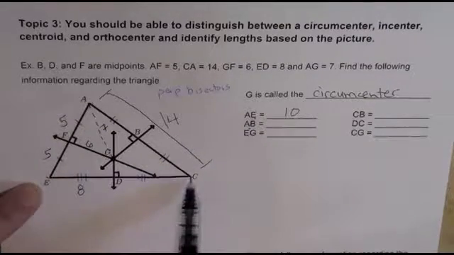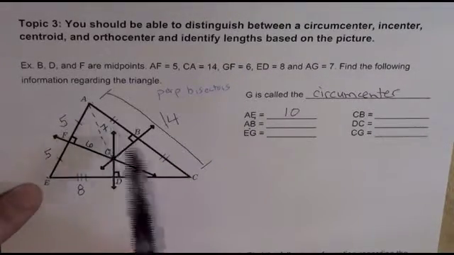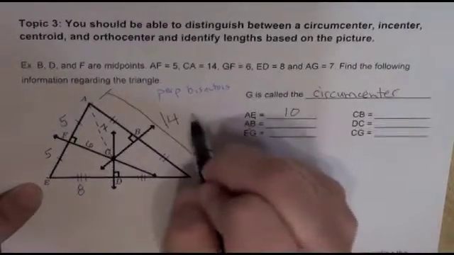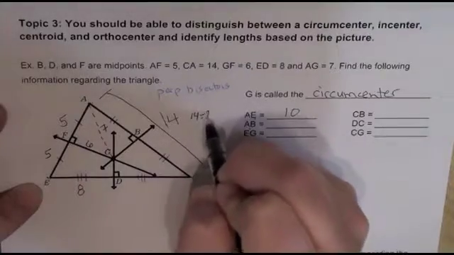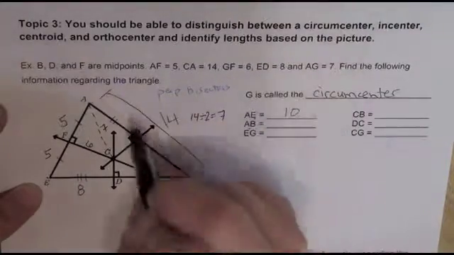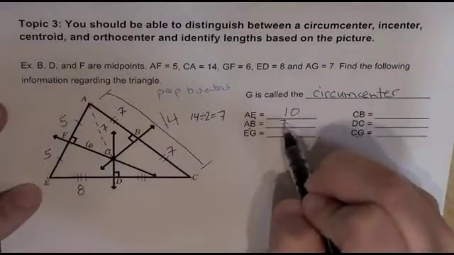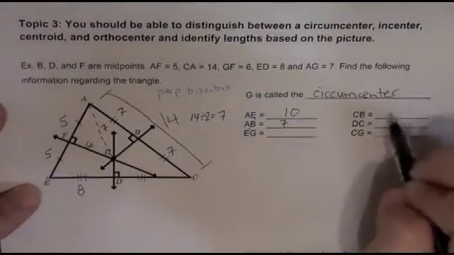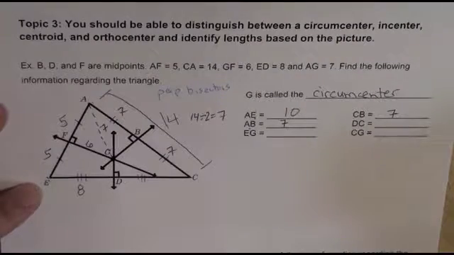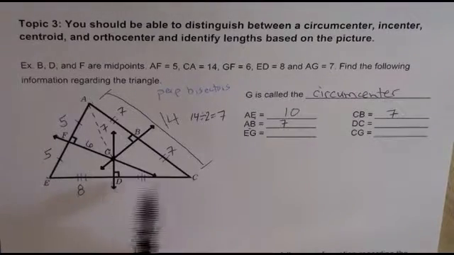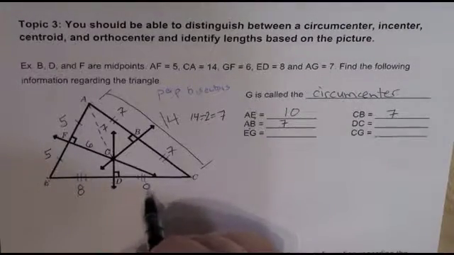Now notice from A to C is 14, and the two pieces are congruent, so 14 divided by 2 is 7, which means AB is 7, and so is CB, which is the top right question. We also need DC. If ED is 8, DC is congruent, so that's also 8.